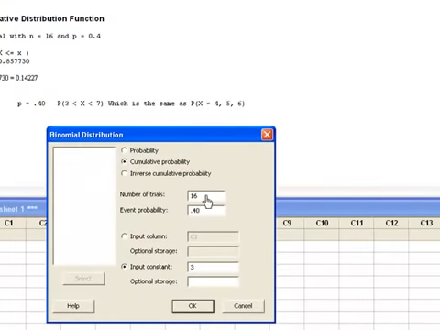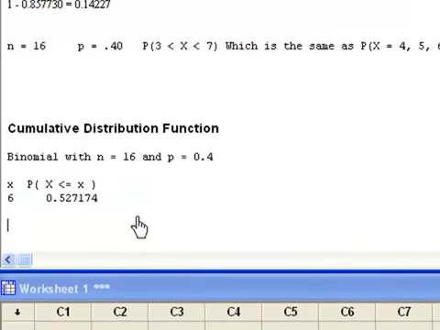We're still with n of 16, still p equals 0.4, except this time I want to know the probability that it is 4, 5, or 6. So I'm going to begin by calculating the probability of 6 or fewer. I'm going to say OK. And this is giving me the probability that x is less than or equal to 6.